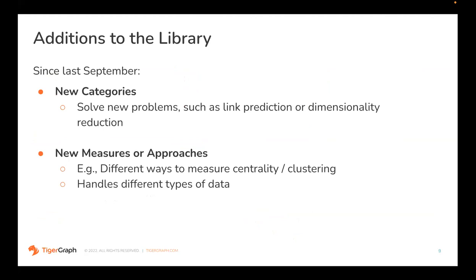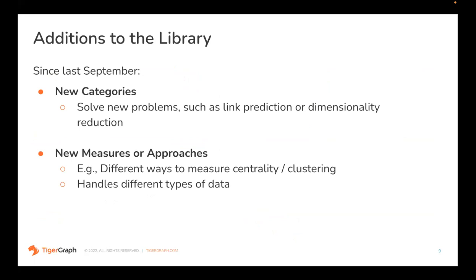So now let me get into today's topic. What is new? That's why you're here. So my point of reference is since last September. It was in October that we introduced our latest version of the graph algorithm library when we renamed it the Graph Data Science Library, version 1.0, because we changed a little bit how it's organized.